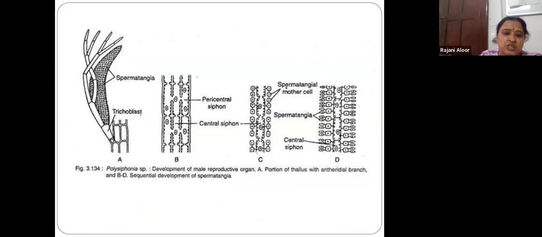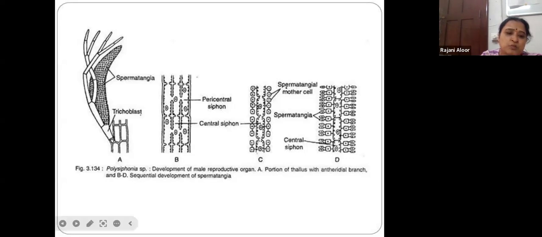You can observe that this trichoblast is the male. The male trichoblast develops as side branches on the plant body, and it becomes branched.